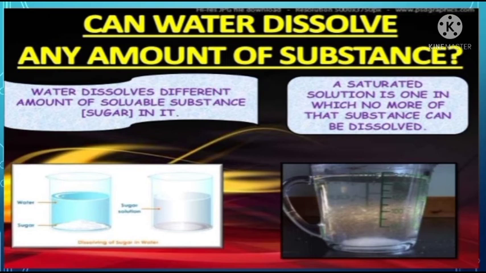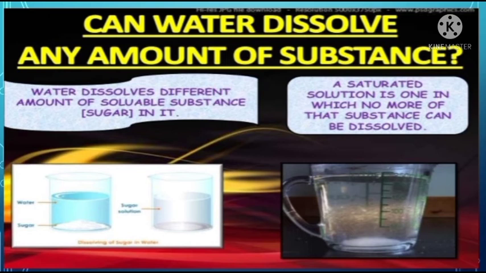Suppose there is an insufficient amount of solvent to dissolve all the substance; such a solution is called an unsaturated solution. Once again, an insufficient quantity of solvent to dissolve all the salt in the mixture means such a solution is called unsaturated.